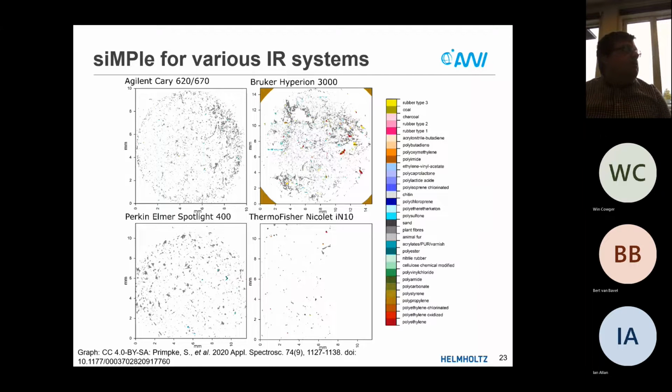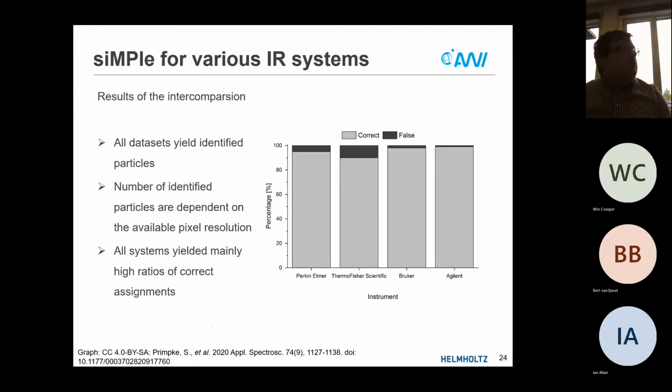But you see here it worked really well, it's fully identified in that area. When we did the quality control for all data sets, we found that we have reached at least 93% of correct assignments. So the PerkinElmer one has a really high one, the Bruker and Agilent ones as well.